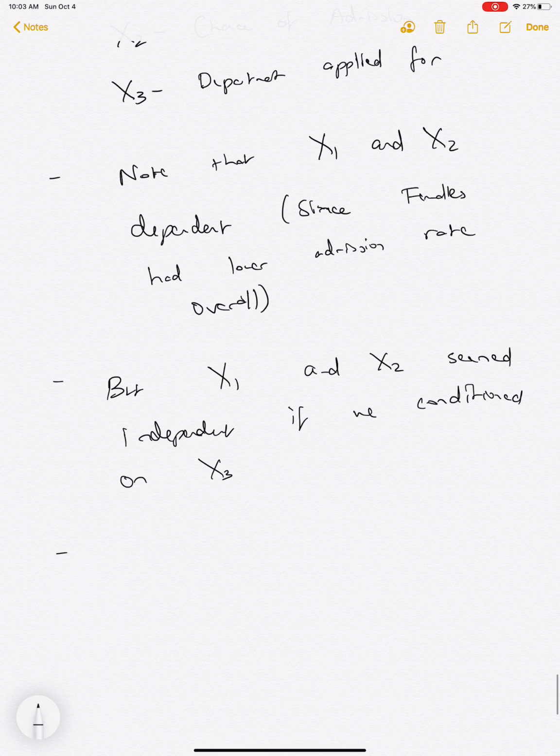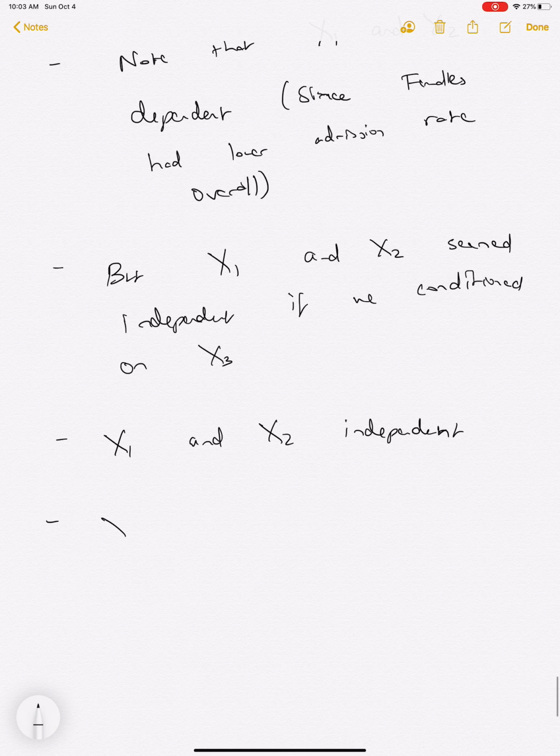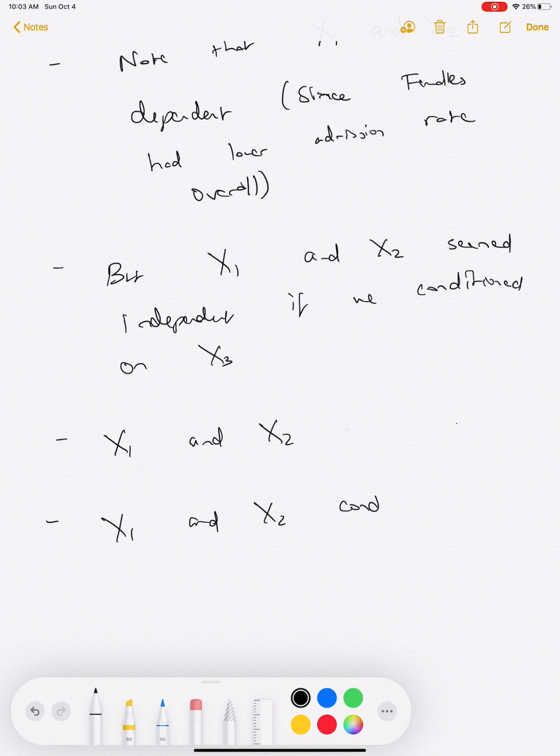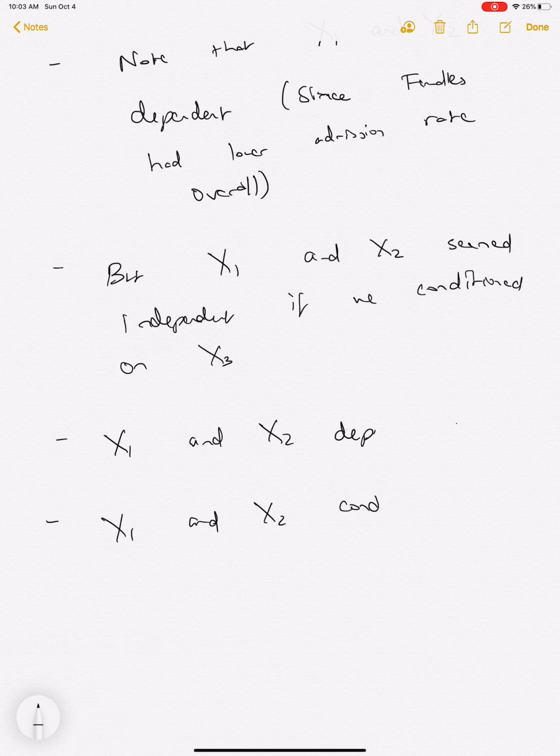So here we have that x1 and x2 were dependent, but x1 and x2 were conditionally independent given x3.